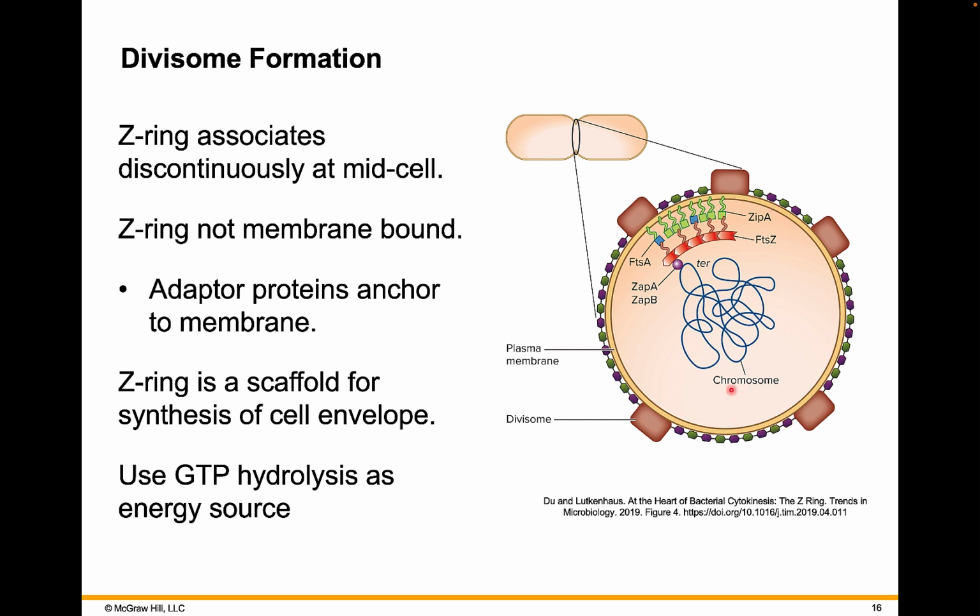Then you have the plasma membrane. Here you have the chromosome, and here you have the termination site, which binds to some proteins, say ZapA, ZapB. This interacts with FtsZ, which starts polymerizing around this divisome area. And if you carefully look at that, FtsZ does have a dagger-like structure. It has a pointed end, and right here you have a barbed end.